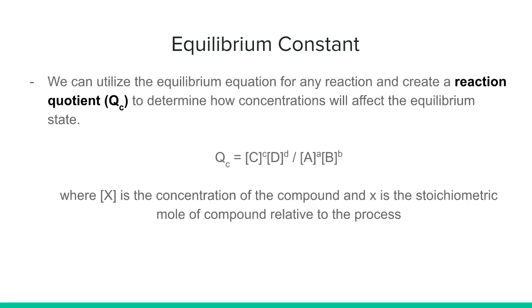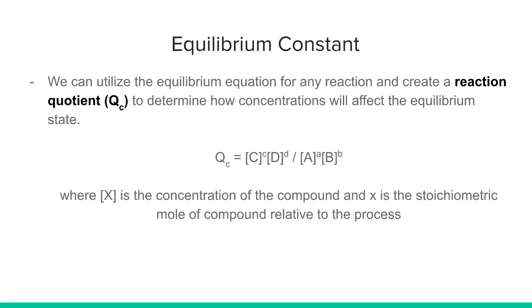But the reaction quotient is going to be used to determine how the concentrations will affect the equilibrium state. So is it going to be more in a product-driven state or more of a reactant-driven state in terms of concentrations, right? You can see I have it set up here with the quotient, so Q sub C equals the concentration of C raised to its stoichiometric coefficient times the concentration of D raised to its stoichiometric coefficient, and so on and so forth.